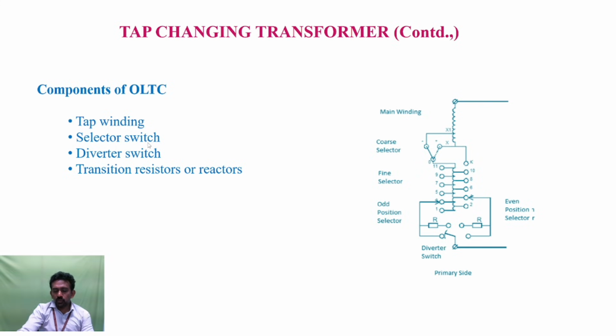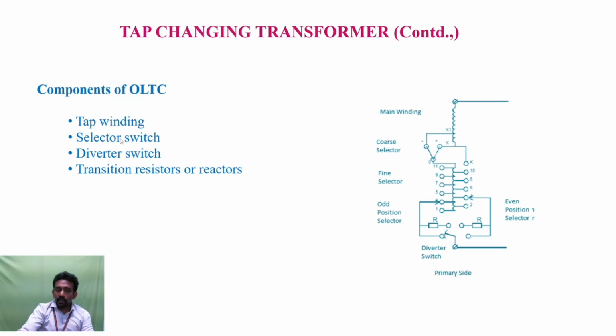The selector switch is the switch that makes the OLTC work offline. Even though it is online, it works without being engaged live, and this is directly given to the transition resistance.